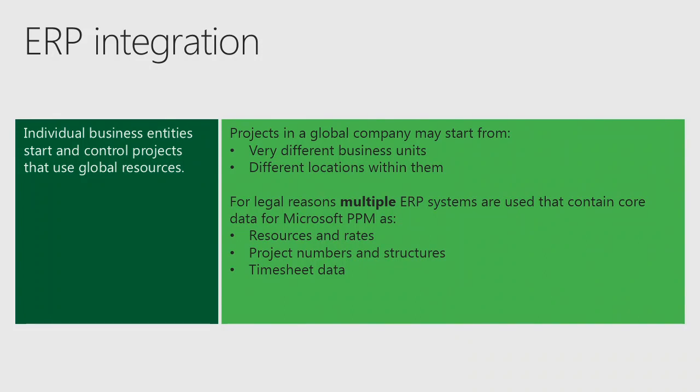So companies have been purchased. You added additional entities to your environment, and all of a sudden you ended up with 10 different ERP systems that all have a certain reason to live, but how do you access them? How can you make sure that the user does not have to pick some actual data from here and some actual data from over there? They want to have Microsoft Project as the single source of truth and not care about where the actuals come from or where these master data are actually coming from.